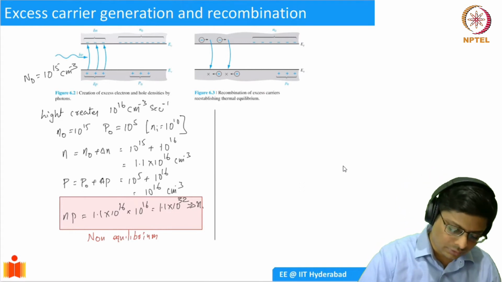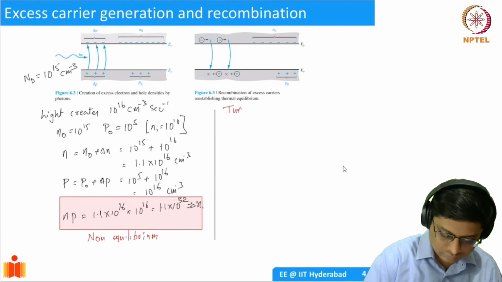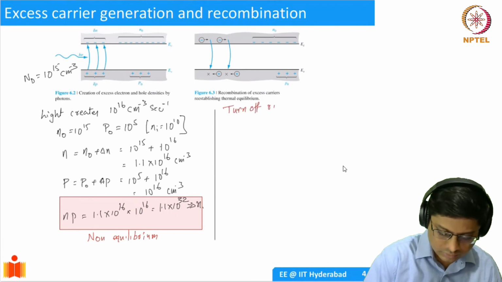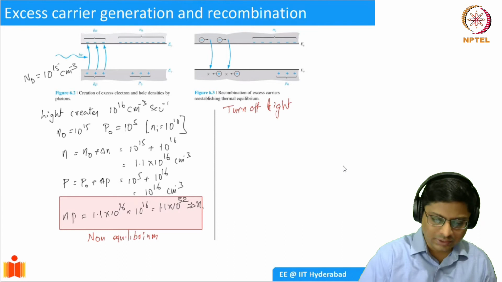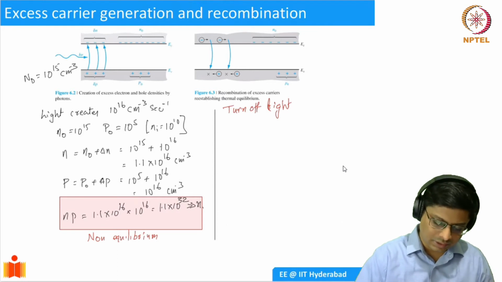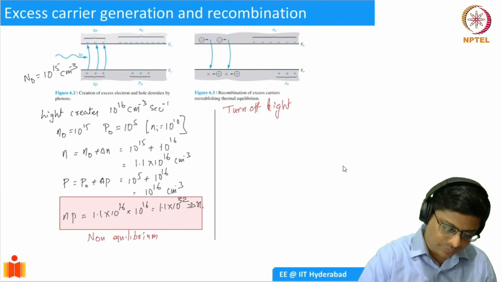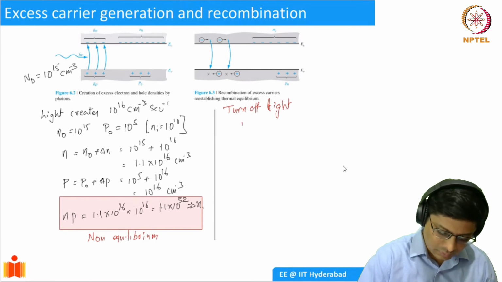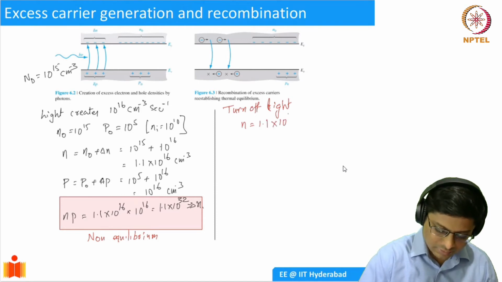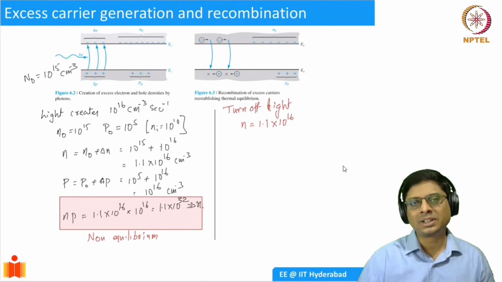So if you turn off the light, what's going to happen? Your electron density, which was N equal to 1.1 into 10 power 16, should eventually go back to equilibrium, right?